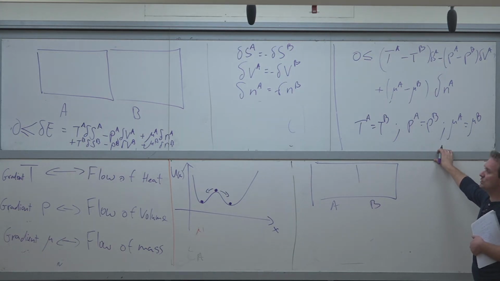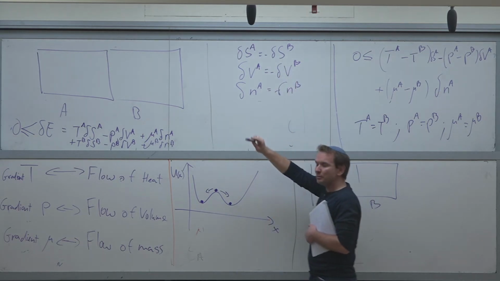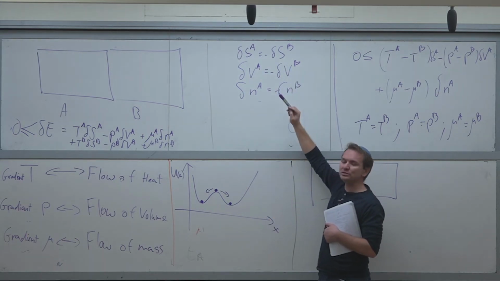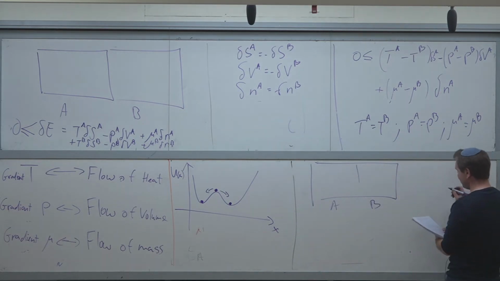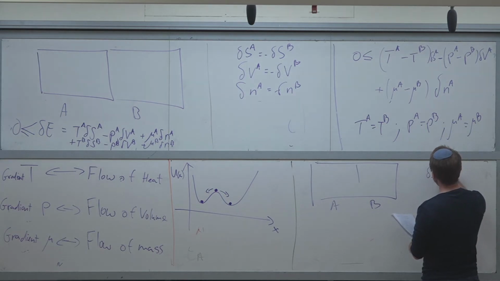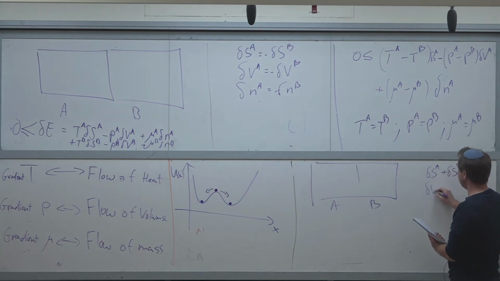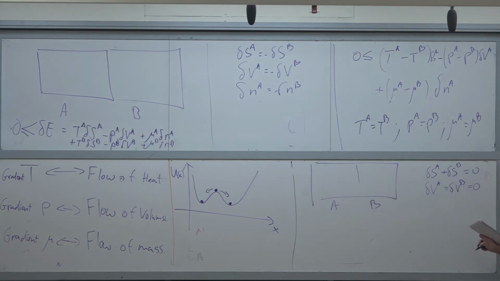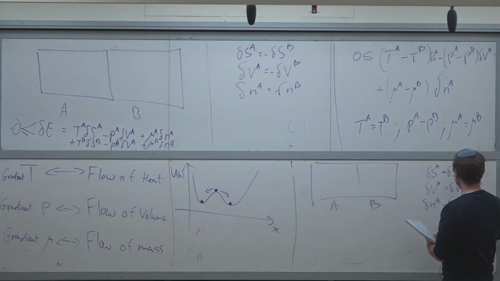Now, I am imposing local perturbations such that I'm changing entropy, but I'm not changing the volumes of the two systems, and I'm not changing the number of particles in the systems. So what I'm claiming is that delta S_A plus delta S_B equals 0, but delta V_A equals delta V_B equals 0. So there is no change in local volumes, and the same goes for delta N_A equals delta N_B equals 0.